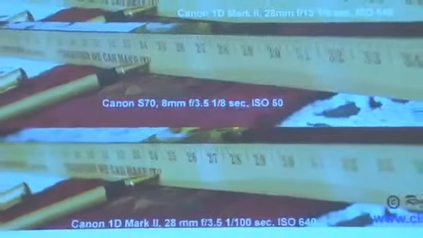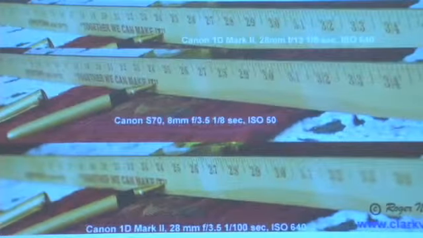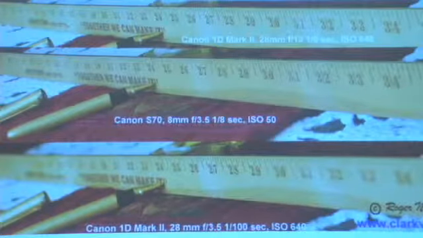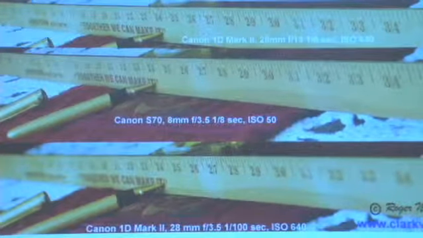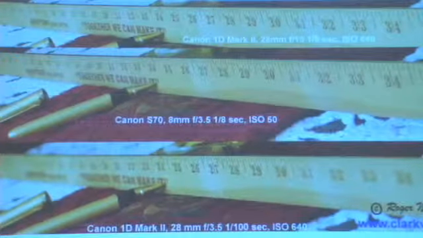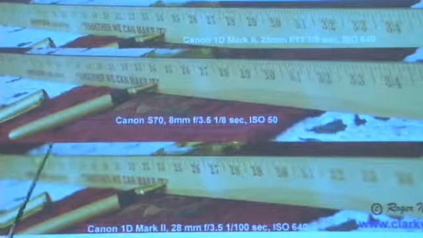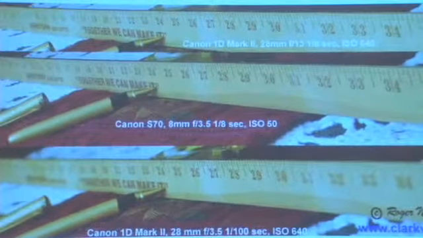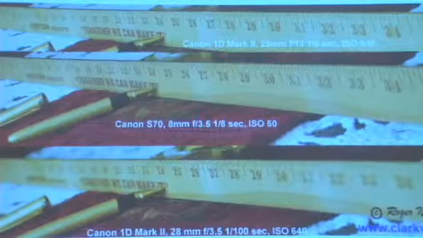It's also important to note that these two have approximately the same number of megapixels. They're both about 8 megapixels, I think. So that means that the pixels on this camera are much, much, much smaller than the ones in the larger Canon SLR.